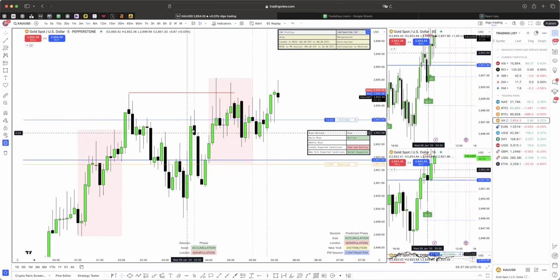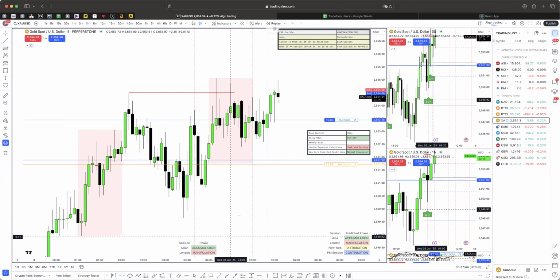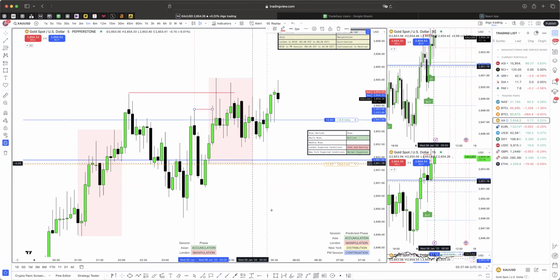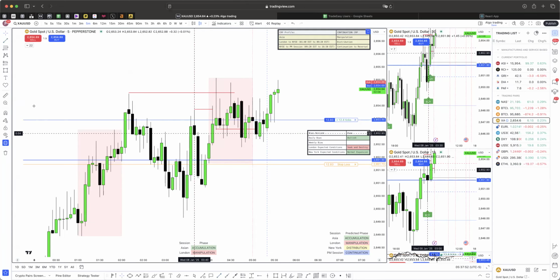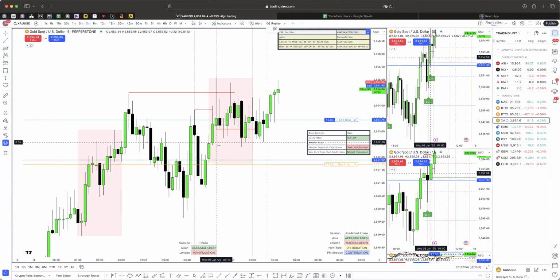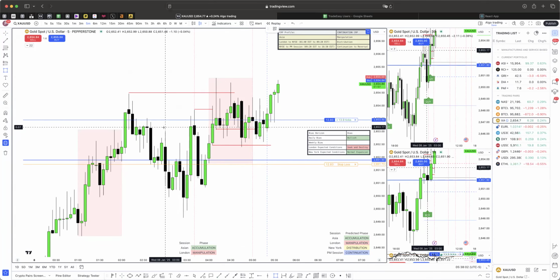During the macro, which is here within these two orange lines, we can see that we took this out also. So which candle took the high? This one, and this fellow took out this one. So relative to the two, where is the IFVG?